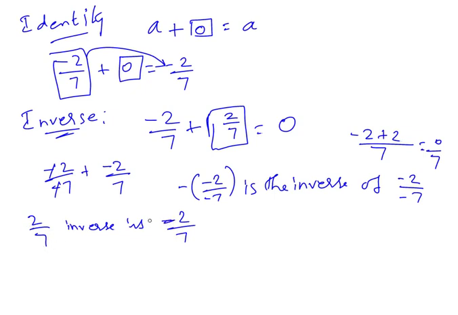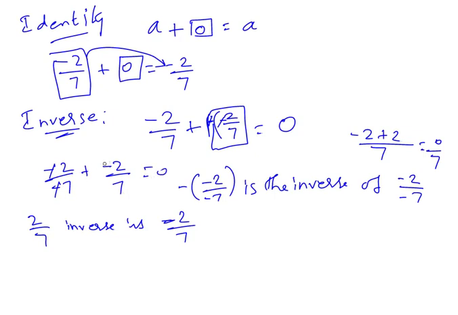If there is no sign, or if it is having one sign, and we include one more sign, these two signs become positive. So plus 2 by 7 we are adding. Minus 2 by 7 plus 2 by 7 becomes 0. Minus 2 by minus 7 plus minus 2 by 7 becomes 0.